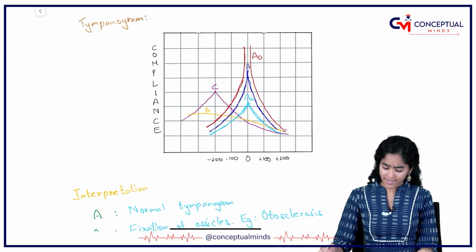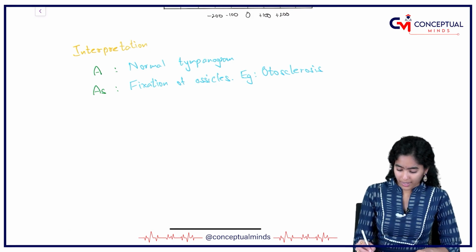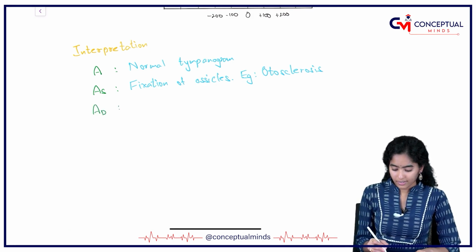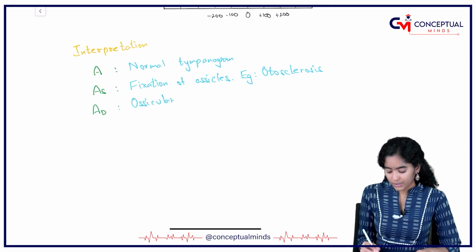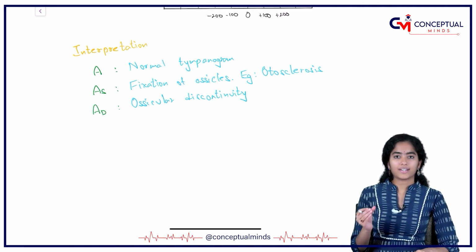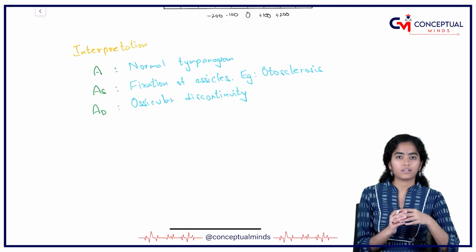The compliance is high. So in AD type of graph, it is seen in ossicular discontinuity. When the ossicles are not continuous with each other, there is no resistance. Say if the incus is not attached to the stapes, it is hanging loosely in the middle ear.